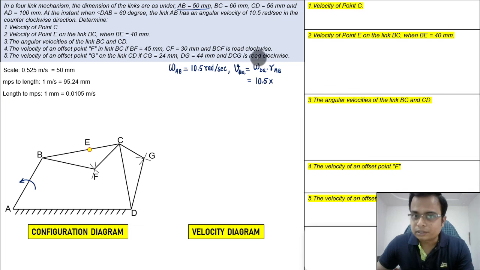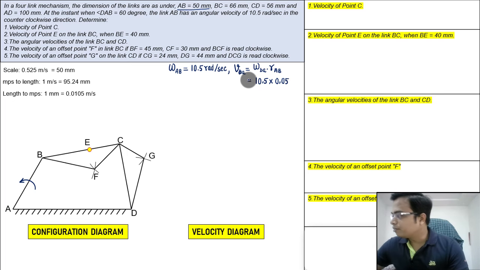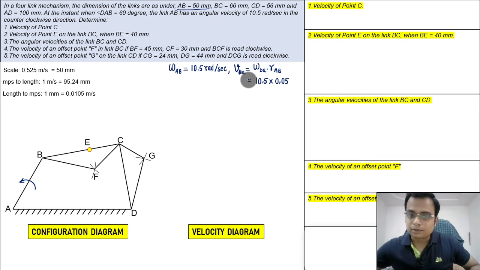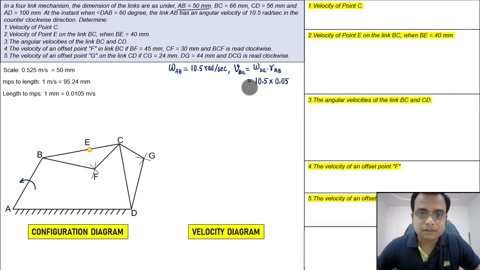Convert this into meters: 50 by 1000, that means 0.05. The final value you will get is 0.525 meters per second.